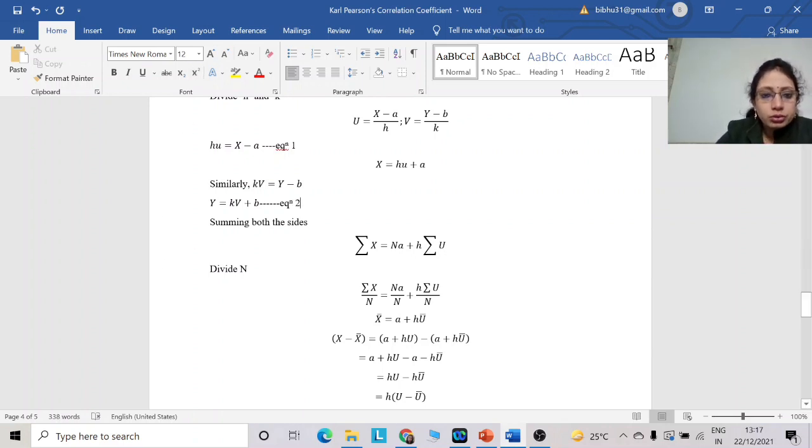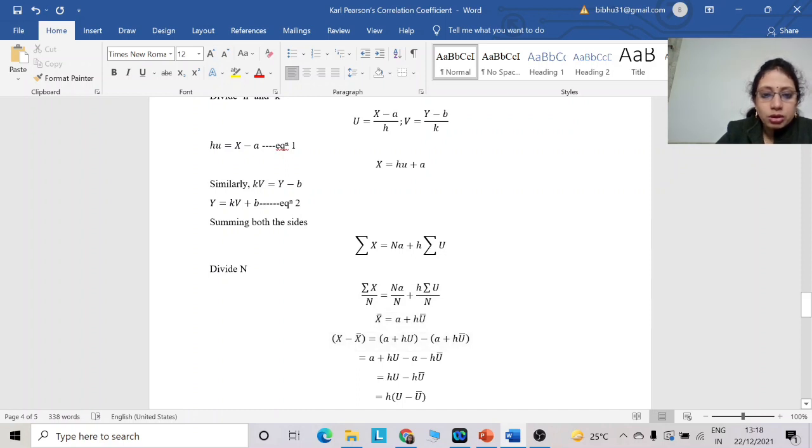In equation 1 we are summing both the sides. After summing, we get summation of x is equal to na plus h summation of u. Now divide both sides by n. We get summation x by n is equal to na by n plus h summation u by n. Summation x by n is nothing but x bar, and n gets cancelled, so x bar is a plus h u bar.